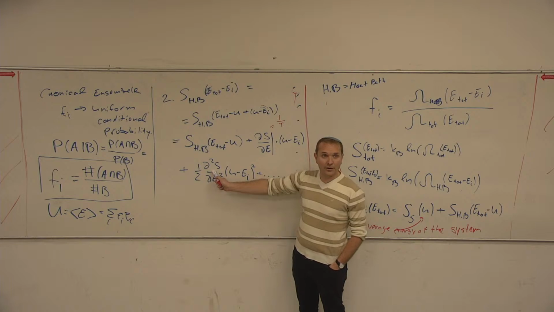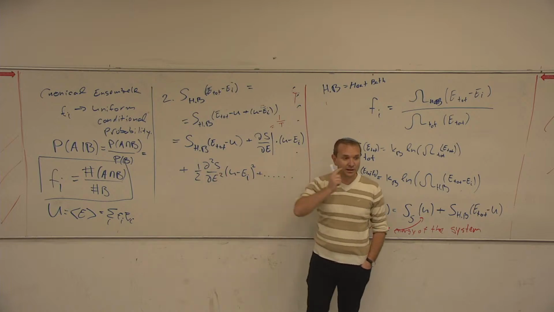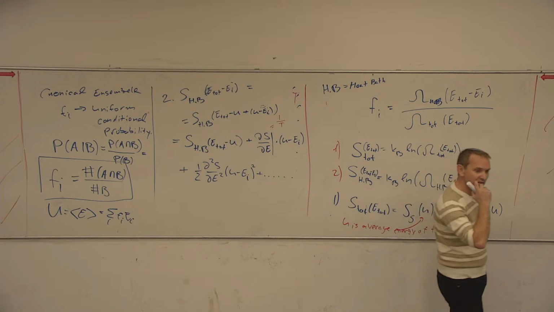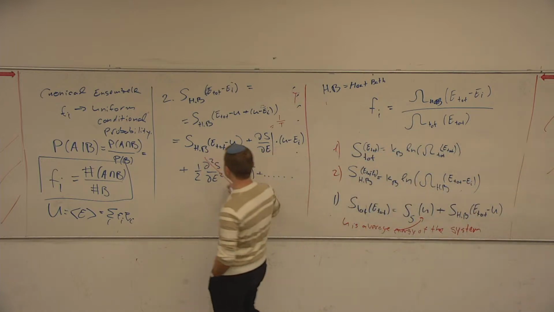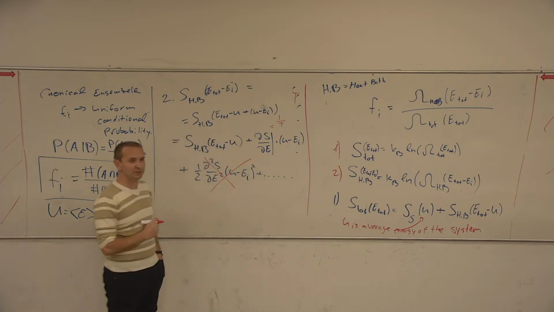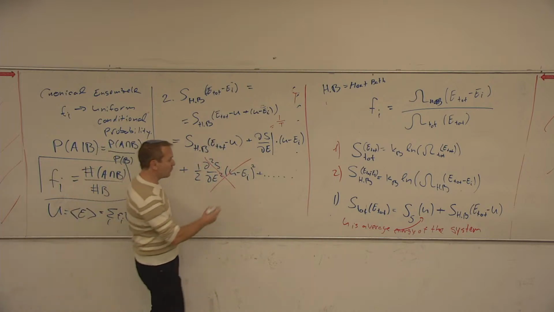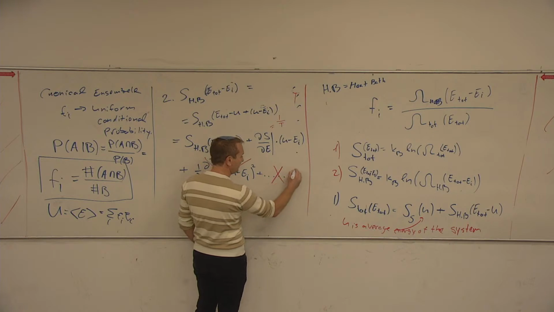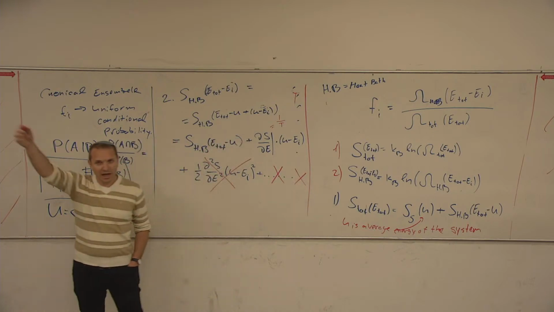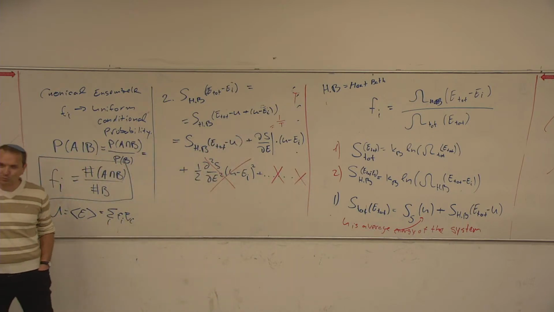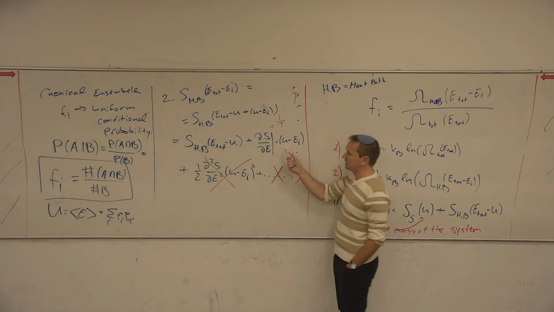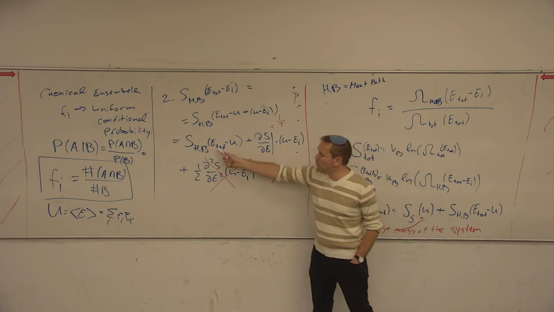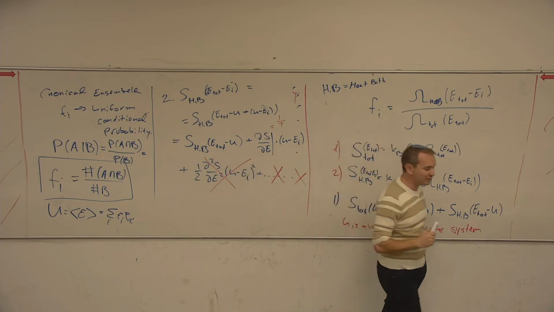This is a derivative, and the temperature is constant. So it's 0. This is why I needed an assumption that my temperature is constant. And what happens to everything else I have here? I don't care, because I assume that the temperature is constant. And the moment the temperature is constant, only this deviation from E total minus U is important. Everything else is not.